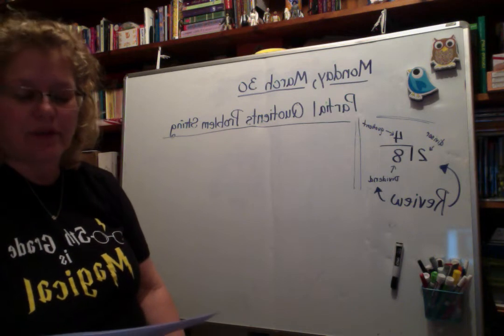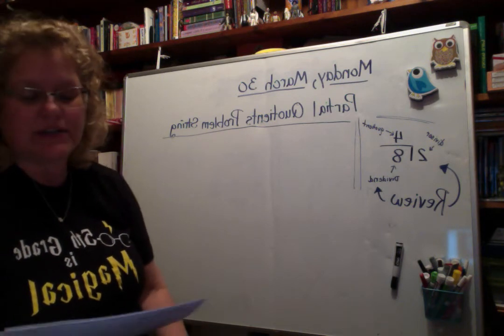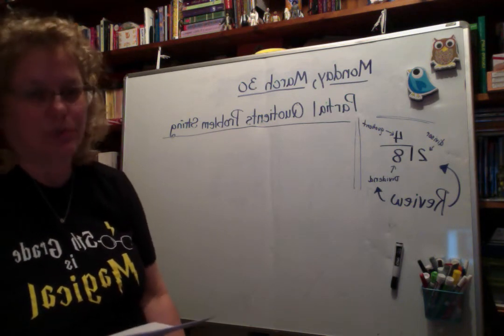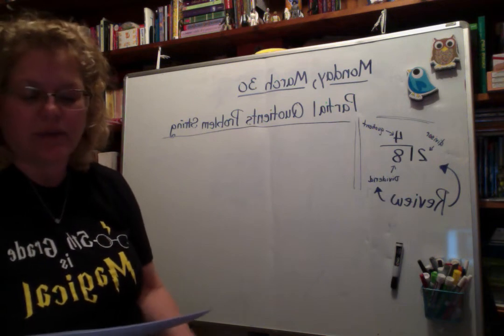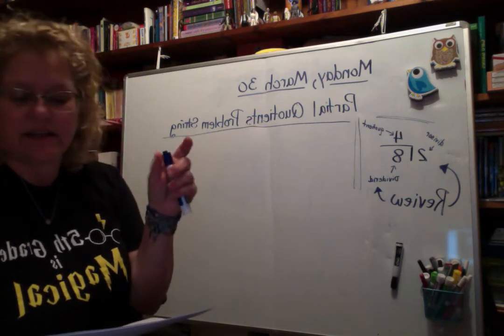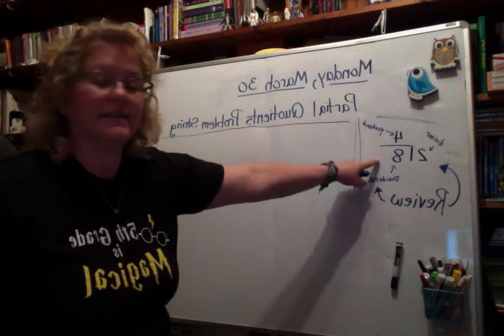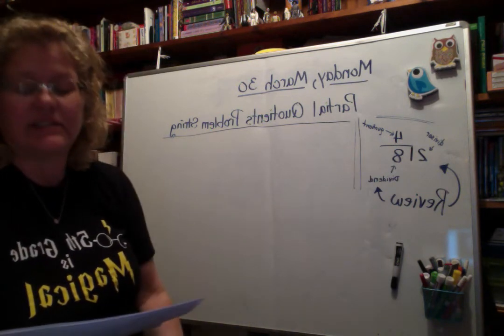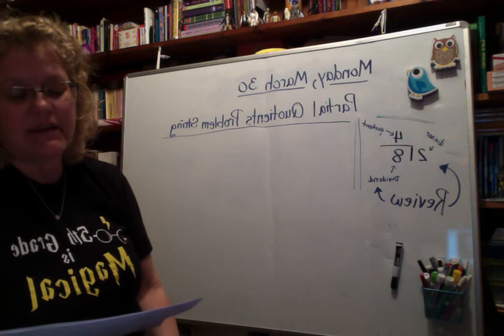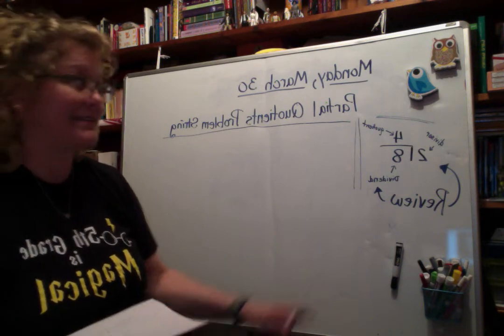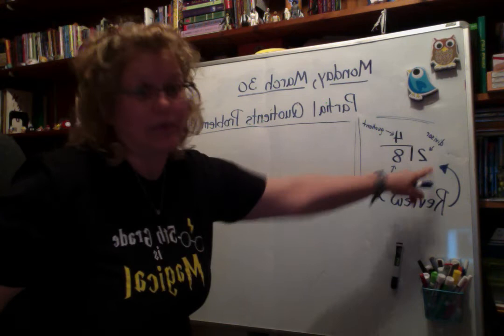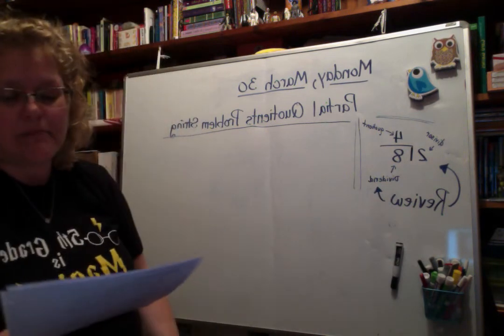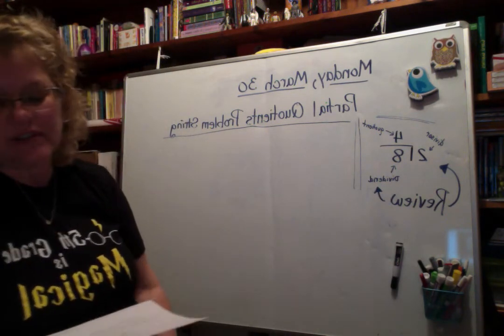The partial quotient strategy is a lot like partial products. We're breaking the dividend into smaller chunks, and each of those chunks is going to be easier to manage. Then we divide each by the divisor, or the number that's doing the dividing, and add all the results to get the quotient.